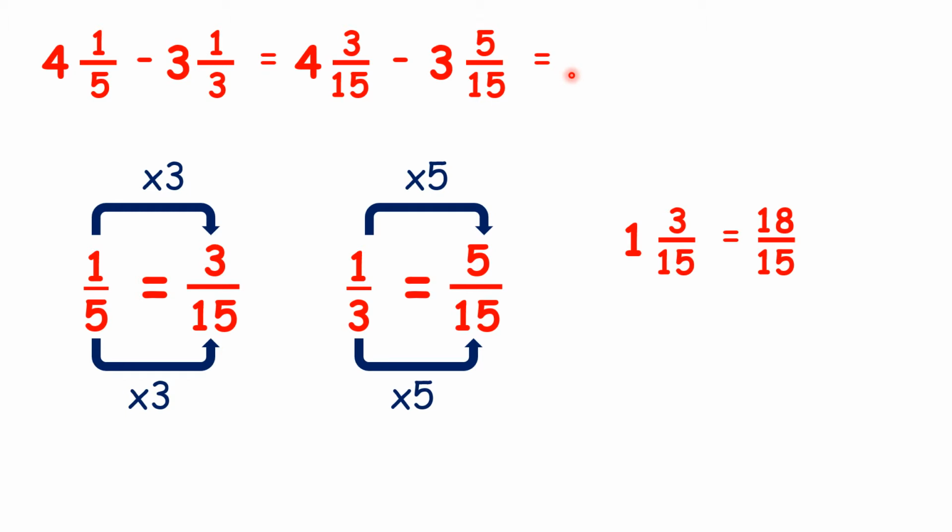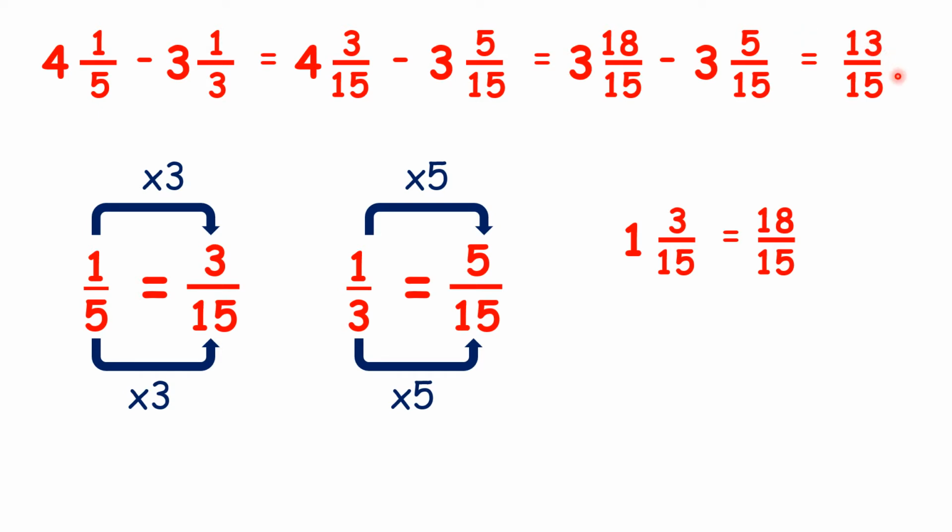So we need to rewrite our question again: 3 and 18/15 minus 3 and 5/15. So now we can answer our question. Our answer is 0 and 13/15.